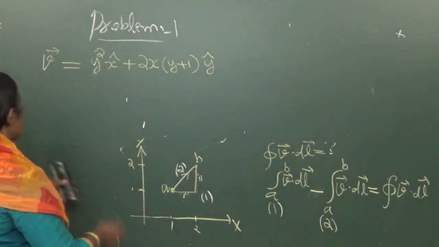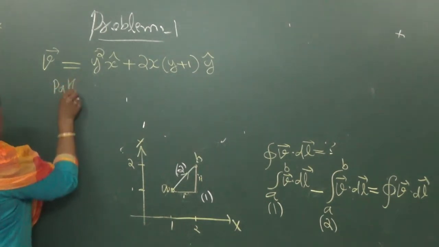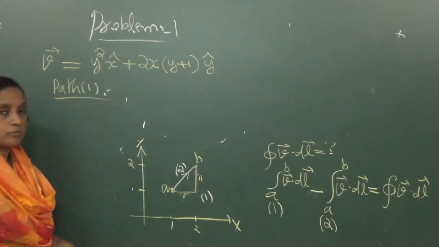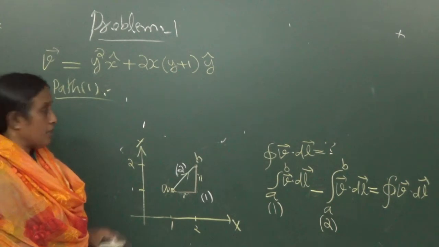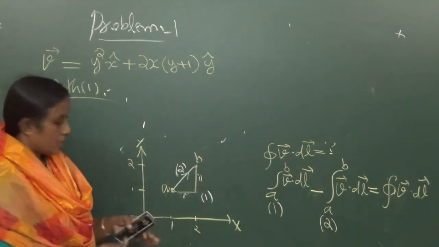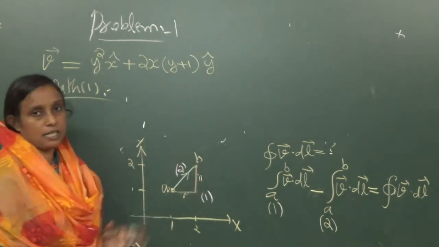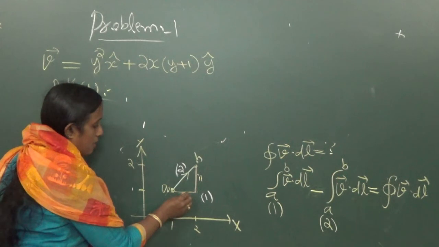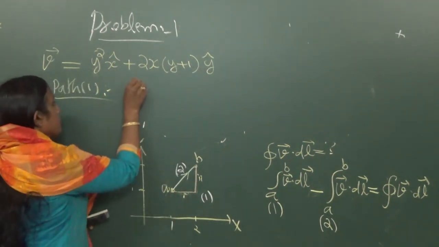Now first we can find out along path 1. In this case there are two segments, along this horizontal line and along this vertical line. The integration along the horizontal line is represented by this one.